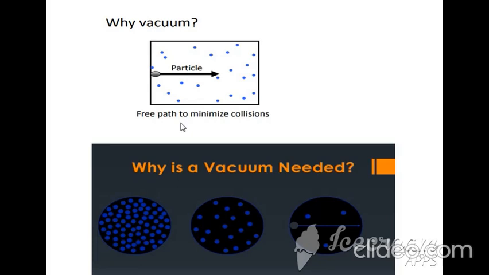In many applications we want a free path, so we remove gas from that enclosed surface. If we remove that gas, the particles of gas reduce. And in the second figure, in the third part, you can observe only 3 particles of gas are available, and the free path is straight.